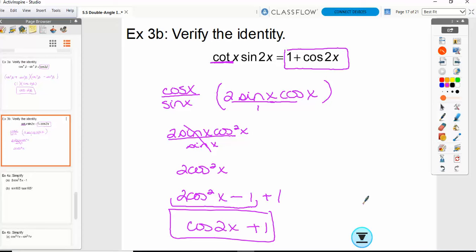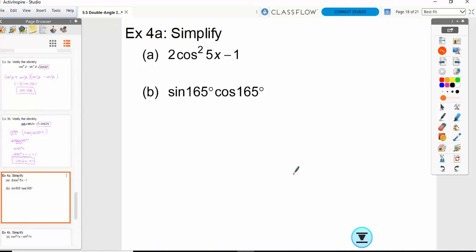I'm going to do one last problem, I think. So I am going to give you an expression, and I want to simplify this as much as possible. So 2 cosine squared 5x minus 1.